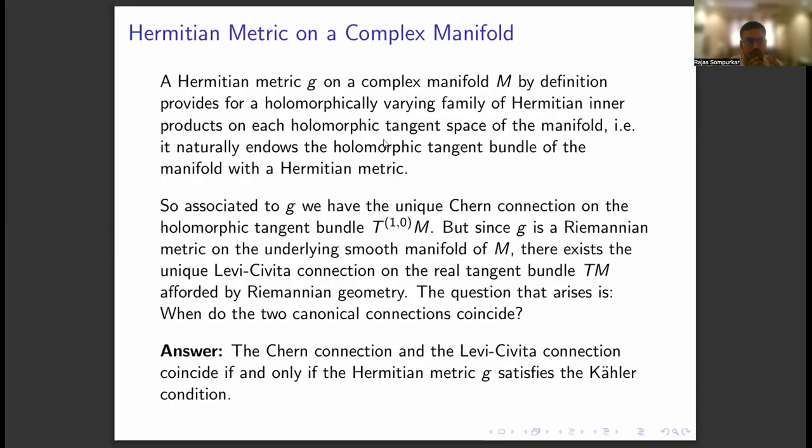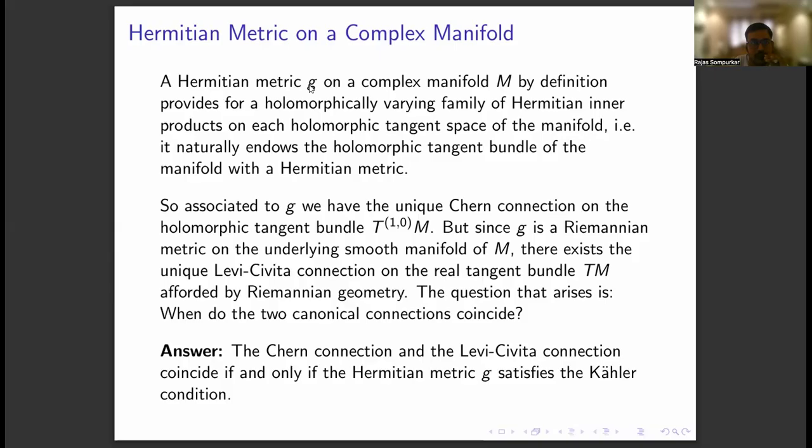A Hermitian metric on a complex manifold, as we saw in the last talk, provides a smoothly varying family of Hermitian inner products on each holomorphic tangent space of the manifold. So a Hermitian metric endows the holomorphic tangent bundle with a Hermitian metric, and then on the holomorphic tangent bundle T^{1,0}M there will exist a unique Chern connection.